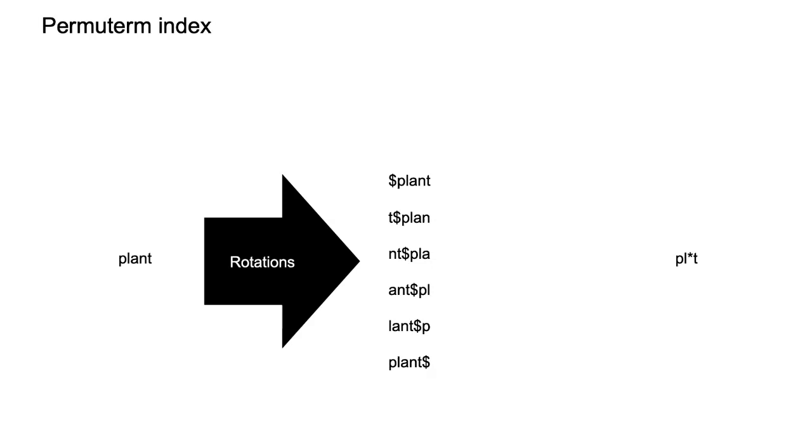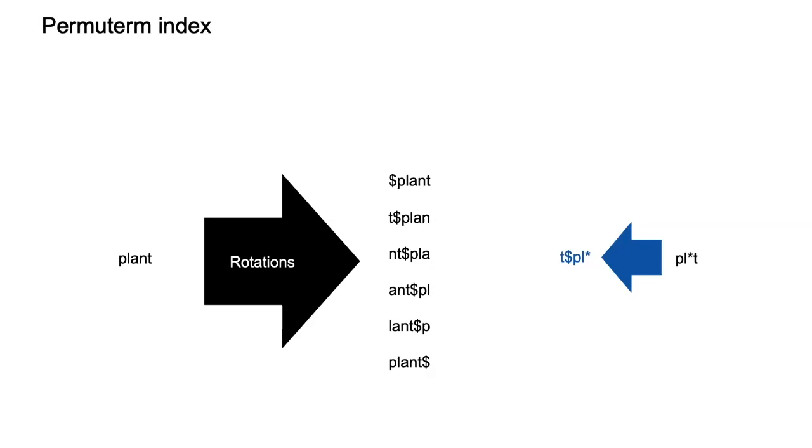What prefix should I look for in the rotations to solve the query PL star T? Can you simplify further? Yes, exactly. T$PL star, and you just look it up in the Permuterm index.